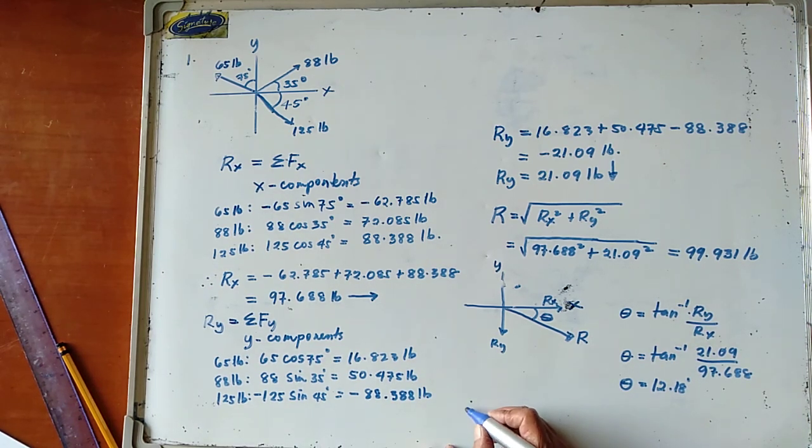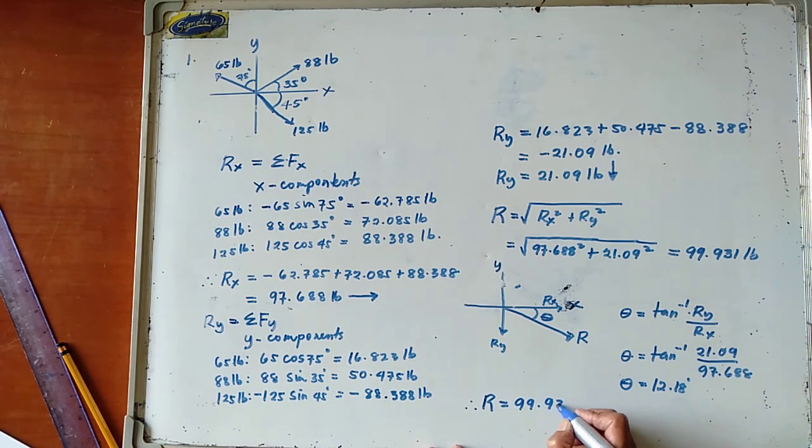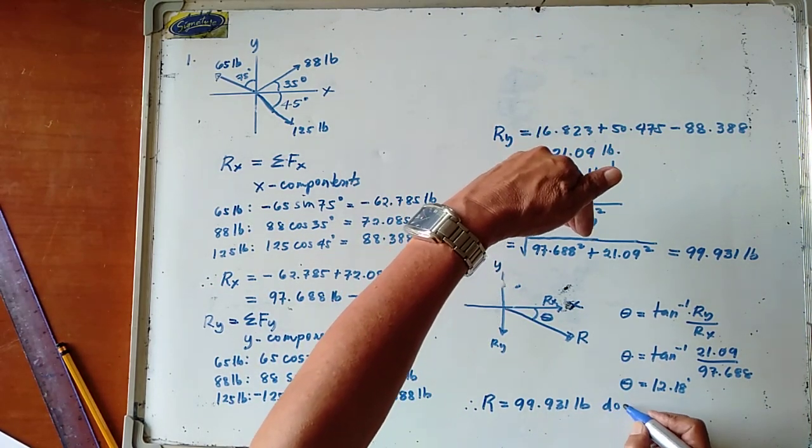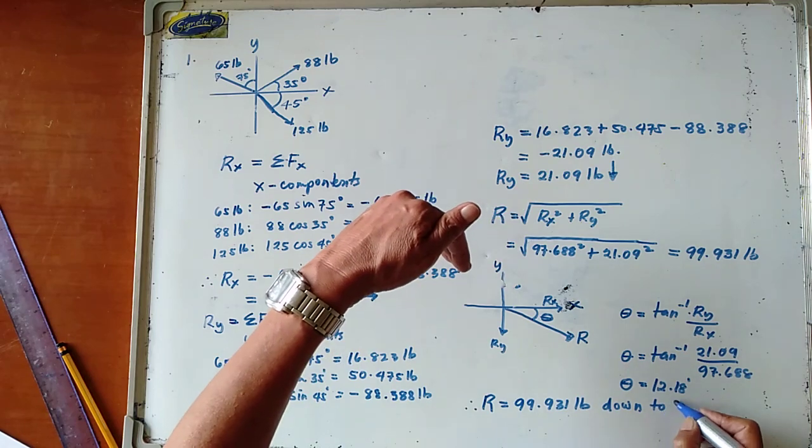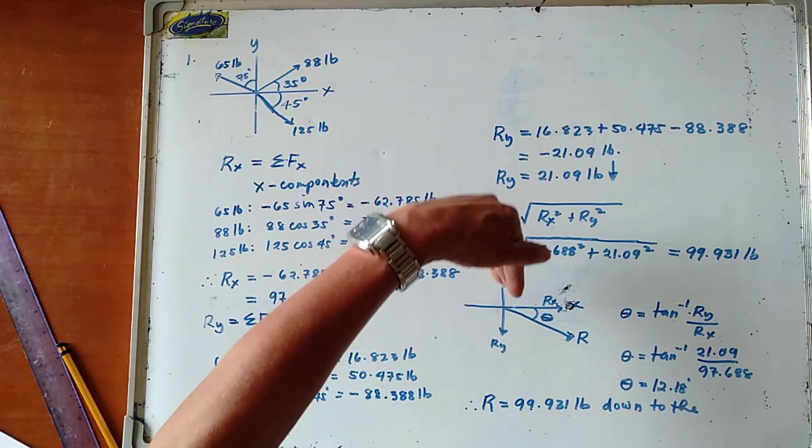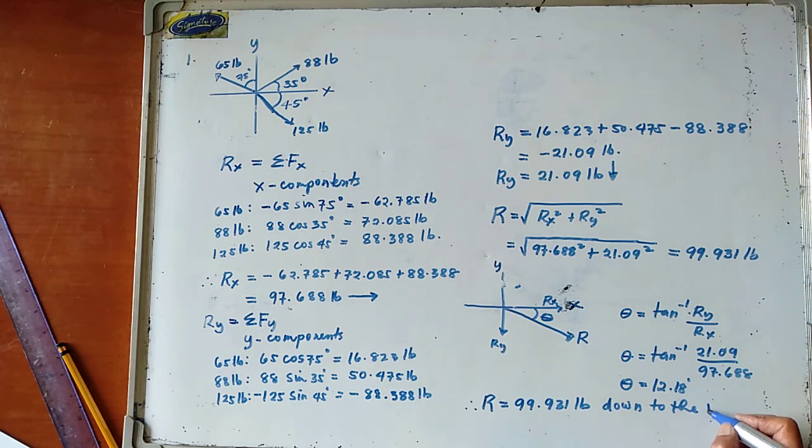Hence, the resultant R is equal to 99.931 pounds, down to the right, at theta with the x-axis equal to 12.18 degrees.